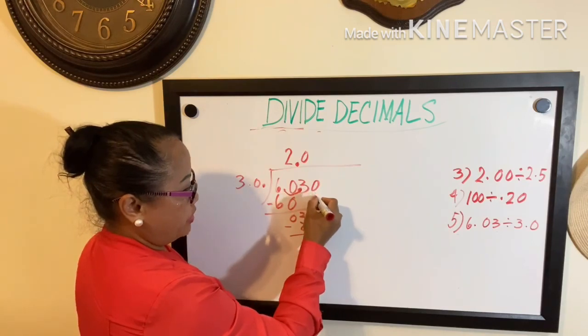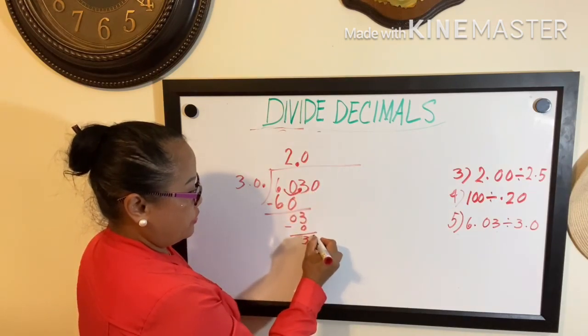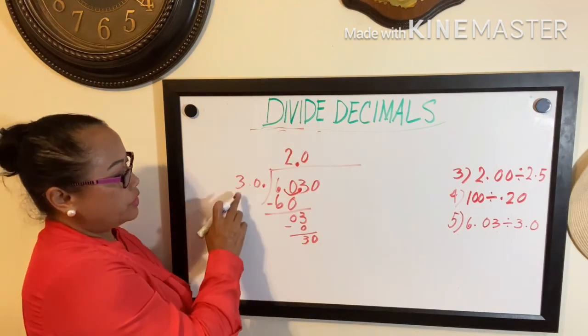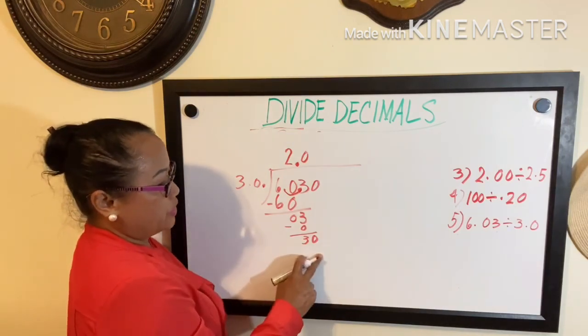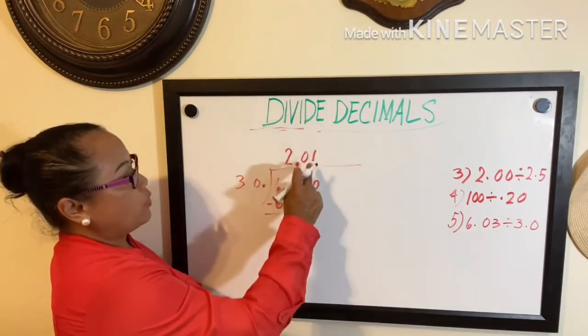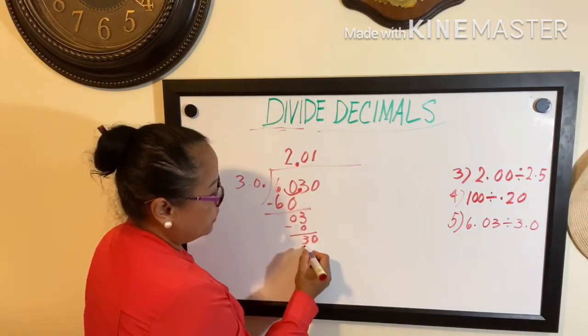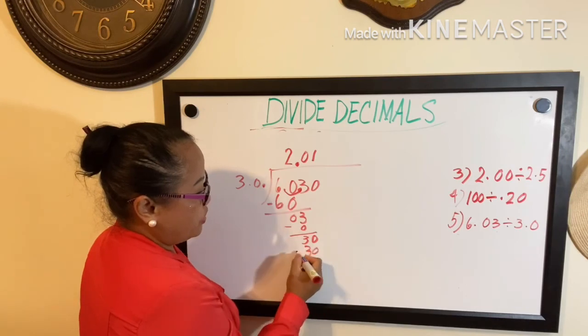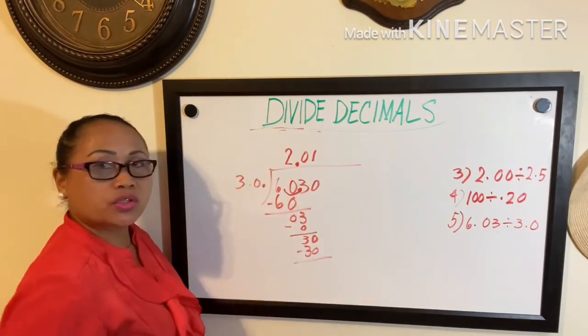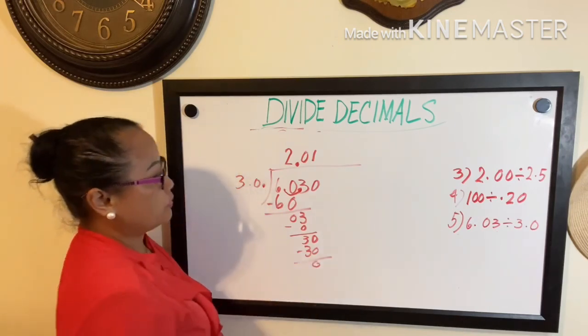And then bring it down here. So 30 divided by 30 is 1. 1 times 30 is 30. Now we have to subtract. 30 minus 30 is 0.